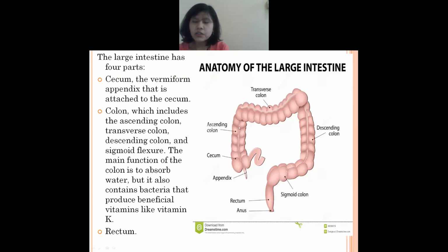And the next is colon. In this colon, you can see that it is divided into different parts: the ascending colon, the transverse colon, the descending colon, and the sigmoid colon, also known as flexure. So what is the function of all these colons?